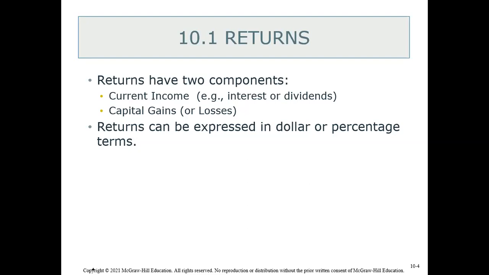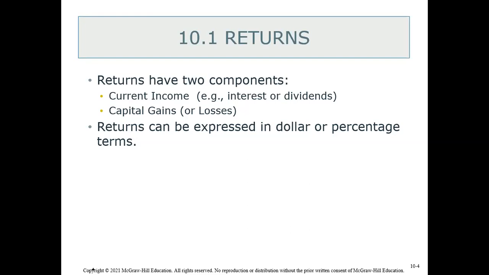Then we have the other component, which is capital gains or losses. Now, capital gains or losses is how much that security changes value from when you bought it or the beginning of the year to the end of the year.